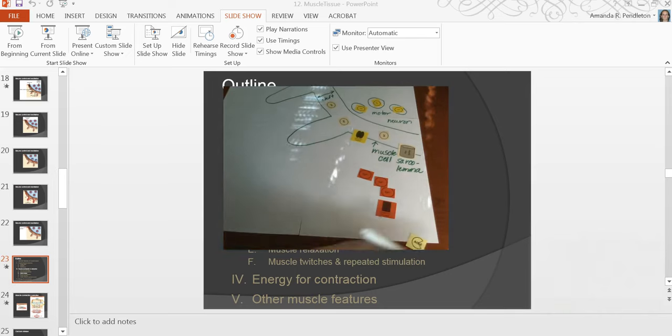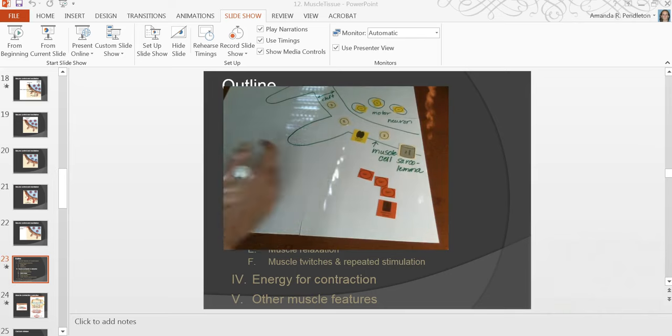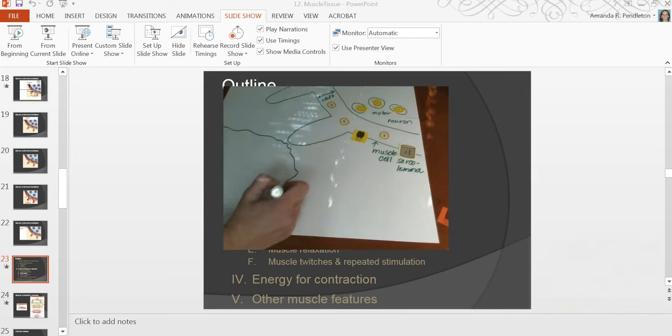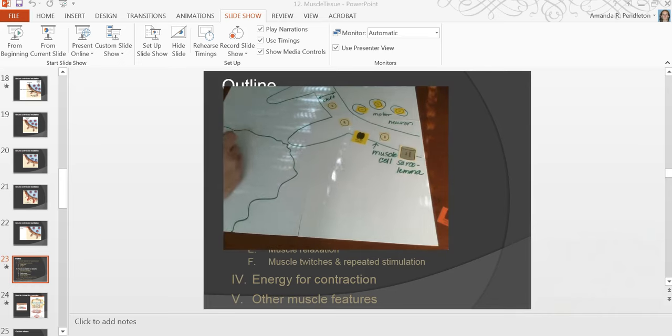I want to go ahead and draw a couple other things in this image at this time. One is we're going to have the sarcoplasmic reticulum. So we are now inside.